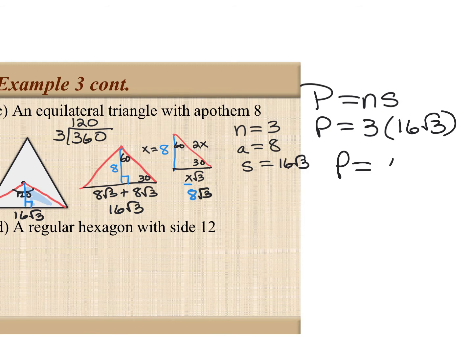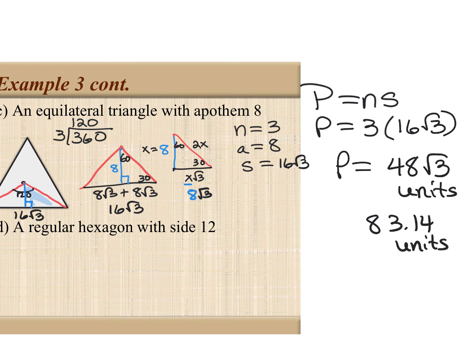Multiply 3 times 16, and you get 48 square root 3 units. Using my calculator and rounding to the hundreds place, this will give me 83.138, so 83.14. And again, still units.